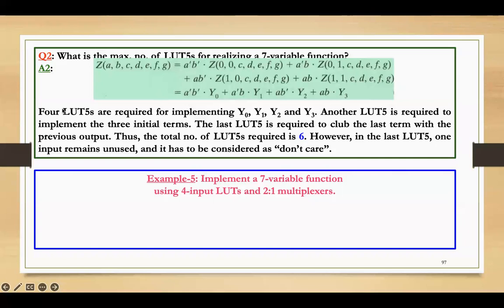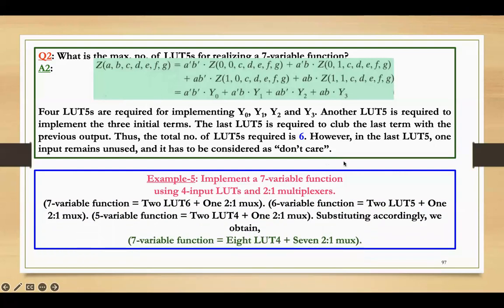So I can use 4 LUT5s, which means 4 LUTs of 5 inputs. The total number of LUT5s required is 6 because you need to make selections at the end. However, the last LUT5 input remains unused and it can be considered as don't care. I will show you that as well.